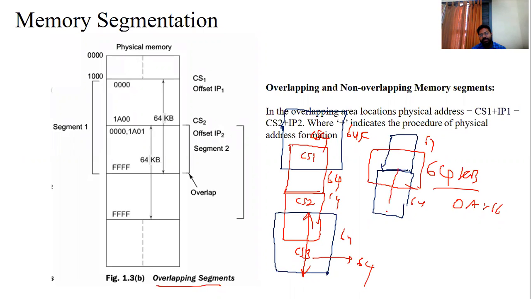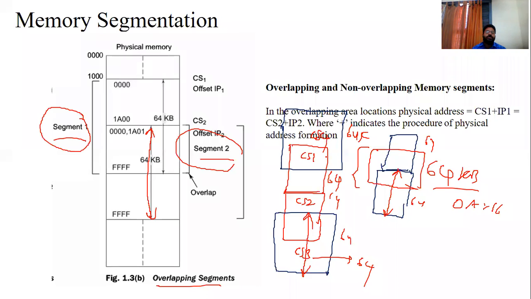That's why they mention here the total entire memory, because overlapping is available. Segment 1 and segment 2 are overlapped. So I can clearly draw the pictures.